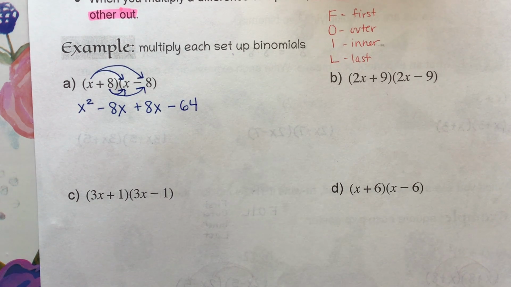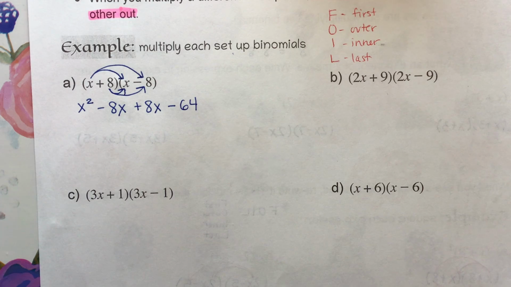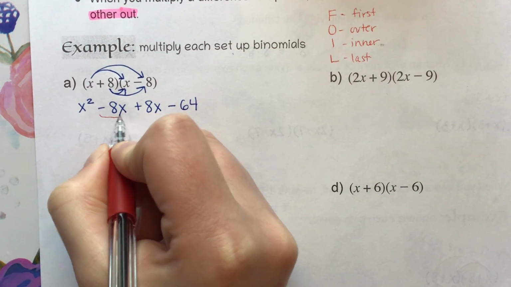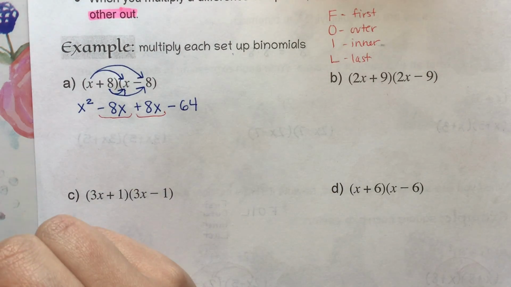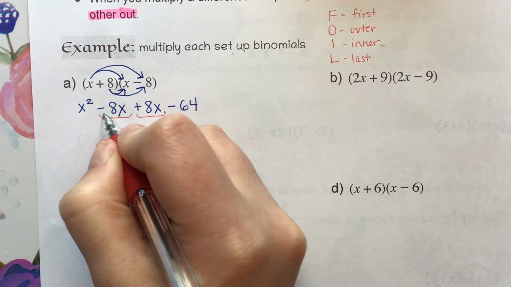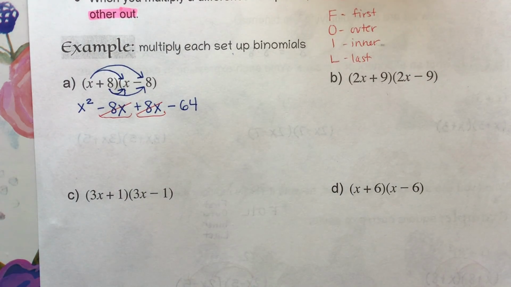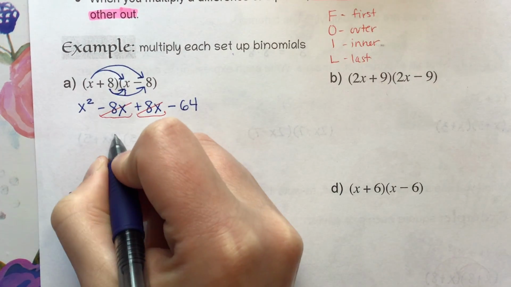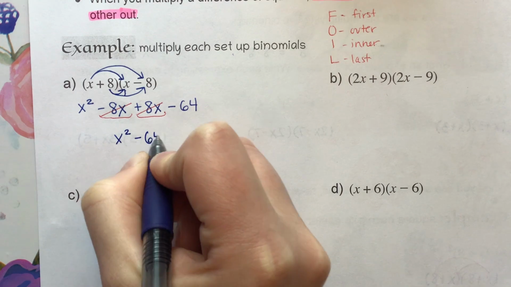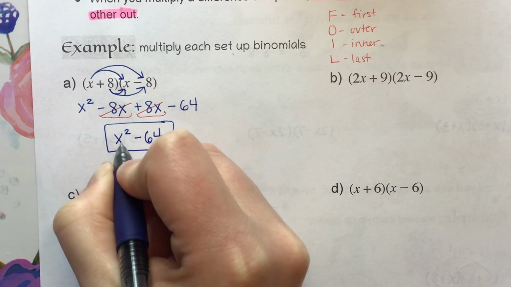It's negative because a positive times a negative is a negative. Now, when we combine like terms, notice what happens here. Negative 8x and positive 8x are opposites of each other, so they add to 0. You don't need to put plus 0 in the middle, so all we have to do is say x squared minus 64, and we're done.